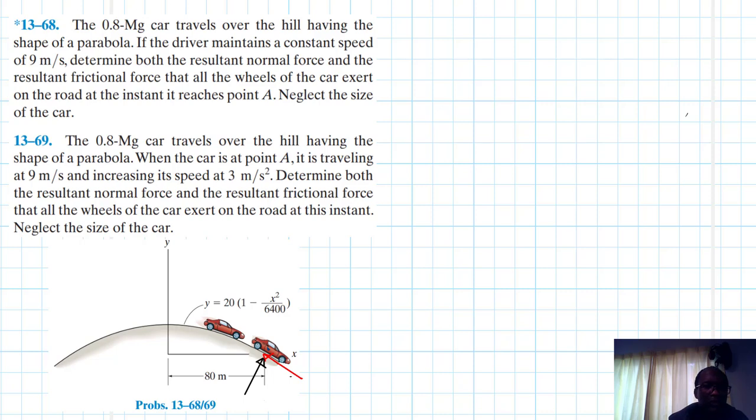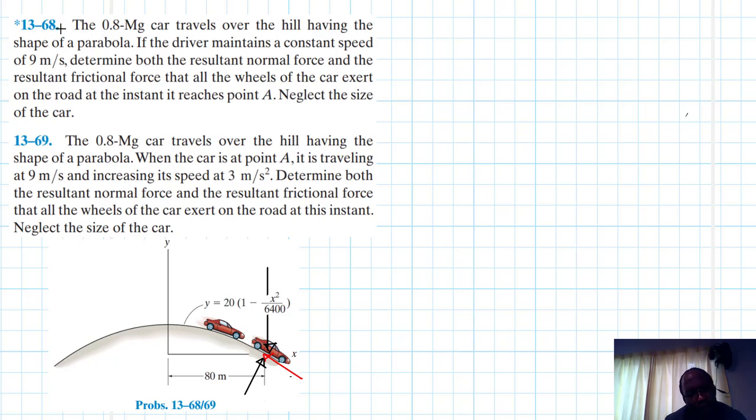Let me maybe use black. So there we go, we have the weight of the car like this. We'll clean it up here, but this is still the weight of the car. So these are the components that we have so far.